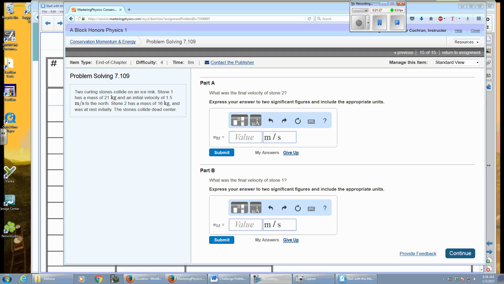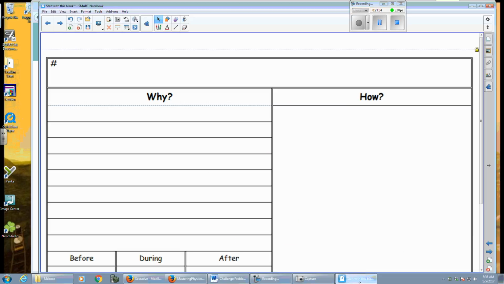It's unsolvable, and I doubt that they would give us an unsolvable problem. So I'm going to put that right away in my diagram: perfectly elastic.